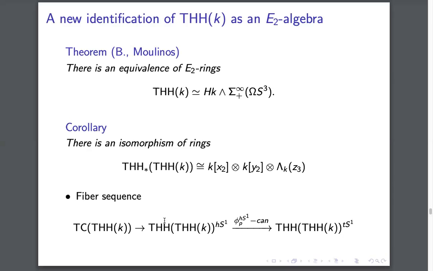It's called the homotopy fixed point spectral sequence. That's a multiplicative spectral sequence, and we had to use a multiplicative structure. In order to use the multiplicative structure, we had to know the ring structure on the THH groups of THH of K, right? So that we exploit that. And we needed the E2 identification here for that reason.